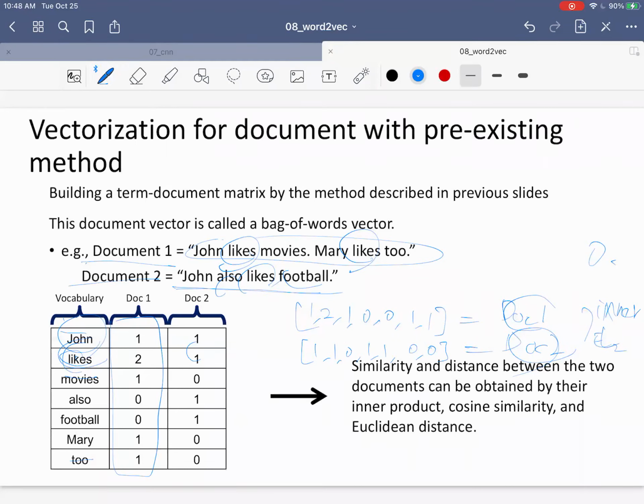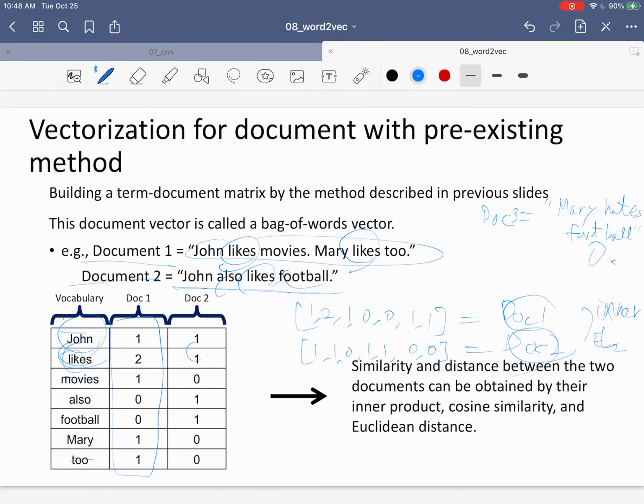But if you imagine another document like document number 3, doc 3 equals, let's assume that there's another sentence: Mary hates football.